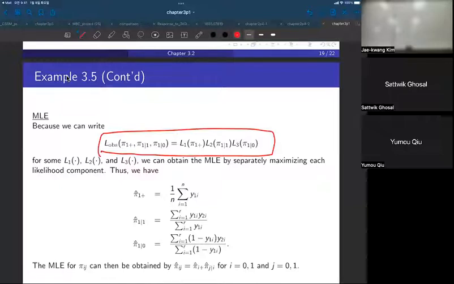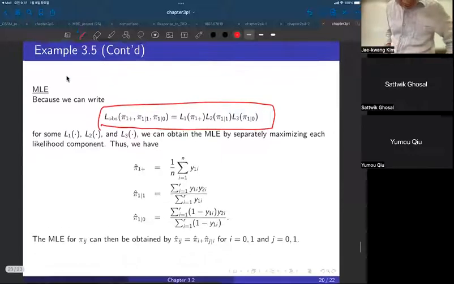Here, it's the sample mean of the respondents among y1 equal to 1, given y1 equal to 1 already, and then take the average. Here, among the respondents, the y1 equal to 0 cases, so that's why we have 1 minus y1 in the numerator and denominator. So that is the MLE solution.